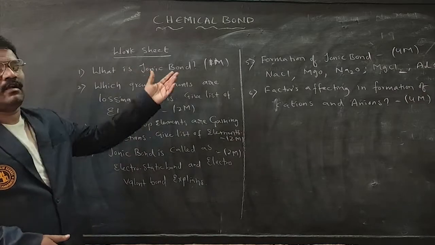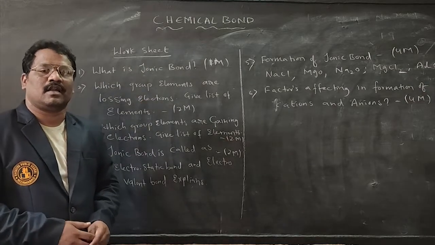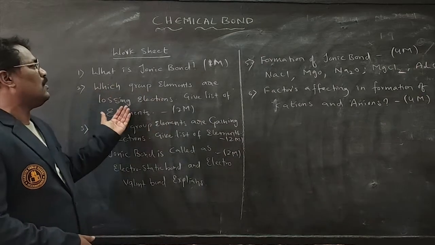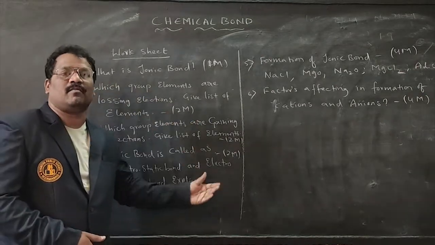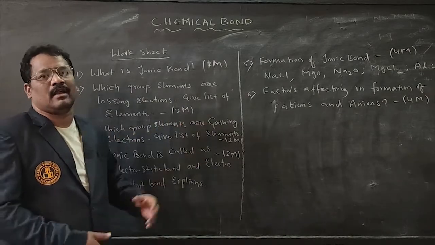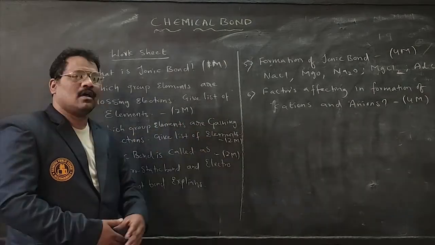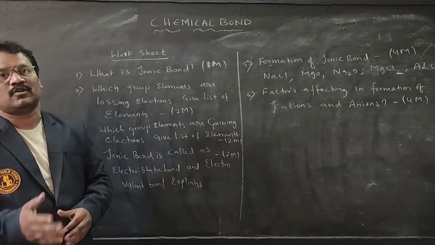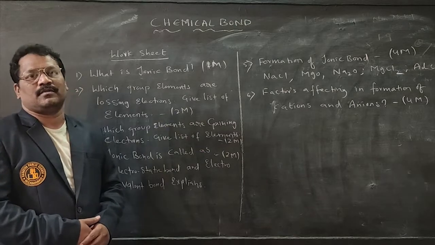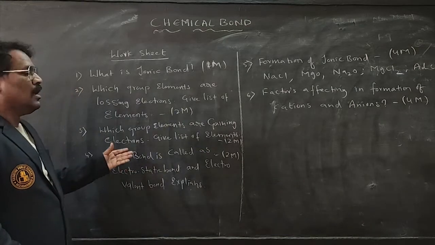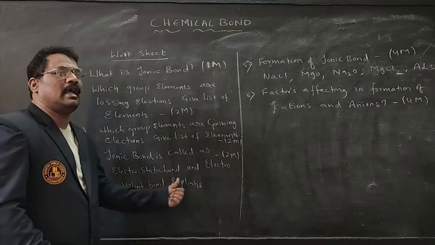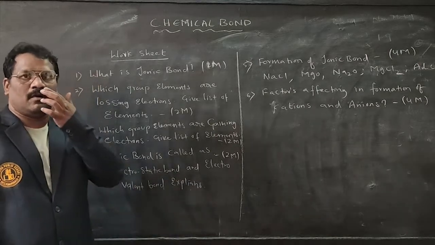Such as, what is an ionic bond? For a 1 mark question they may ask directly. Which group elements are losing electrons? List out those group elements. Similarly, which group elements are gaining electrons? List them out, and also list out their valencies. Ionic bond is also called an electrostatic bond as well as an electrovalent bond.